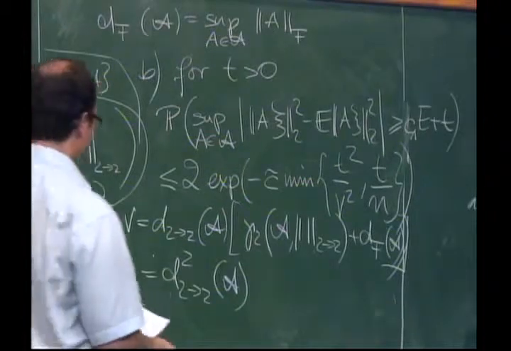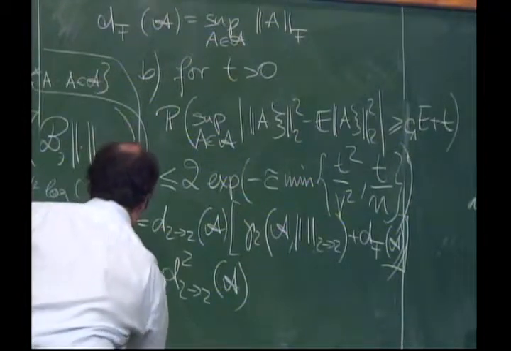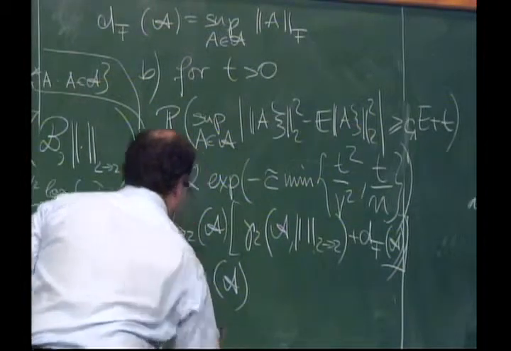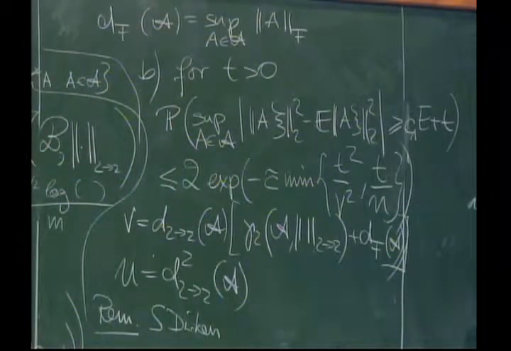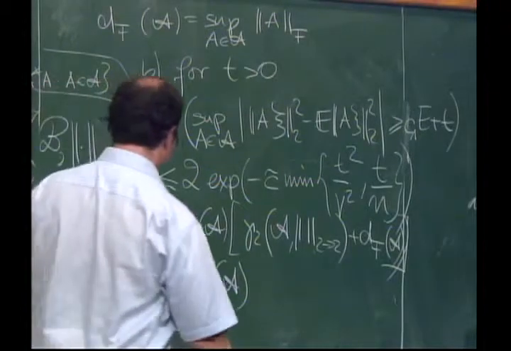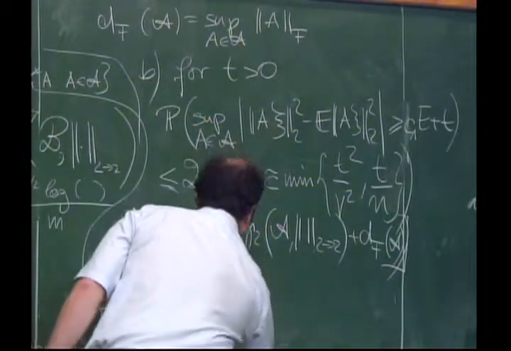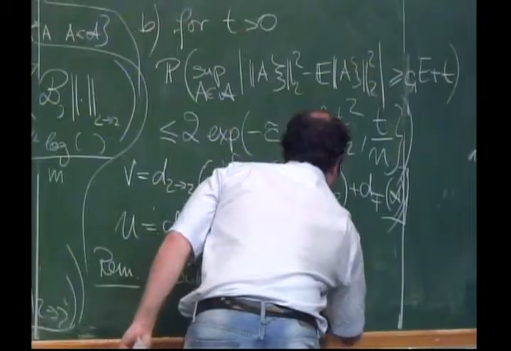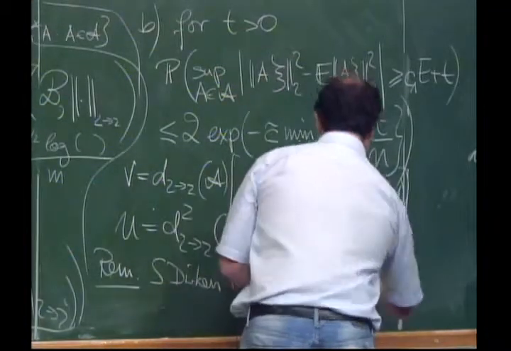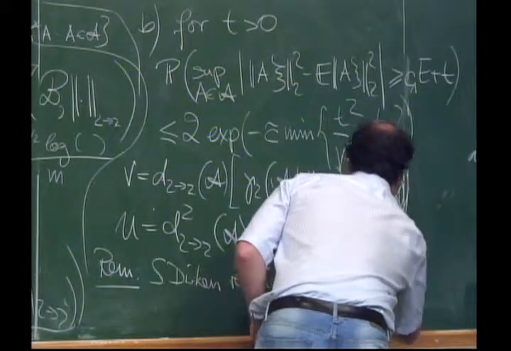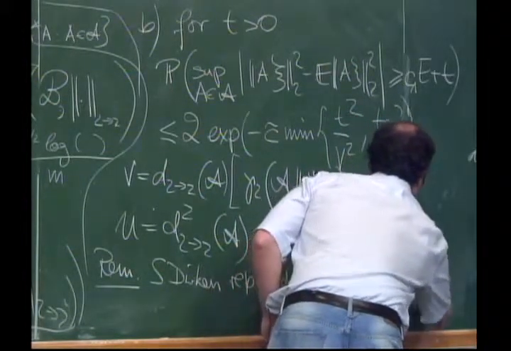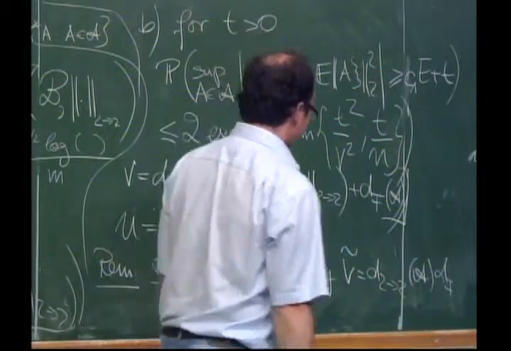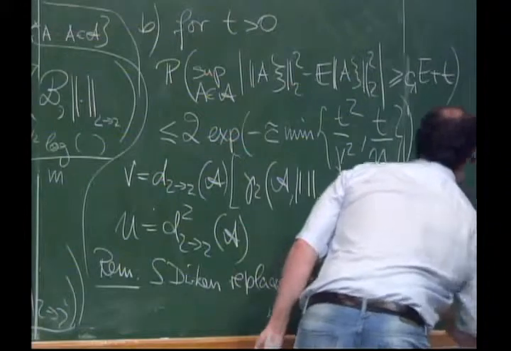Okay, some small remark. Dirksen improved this slightly and replaced V by V tilde, being the diameter in the spectral norm times the diameter in the Frobenius norm.